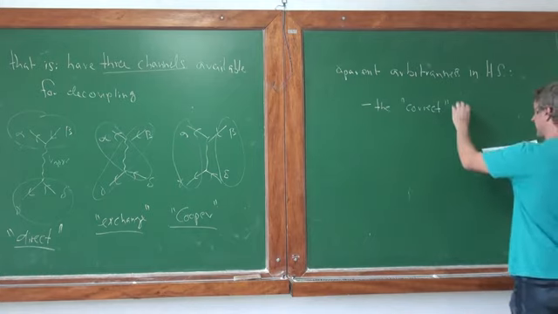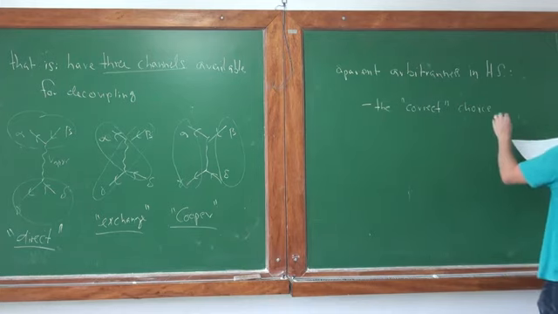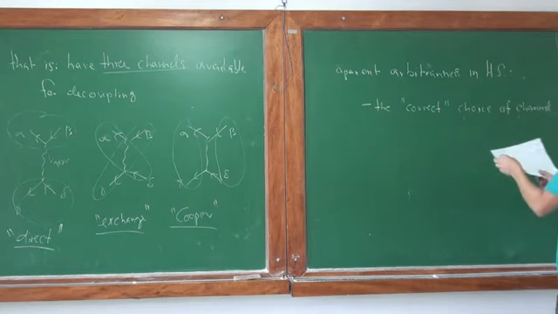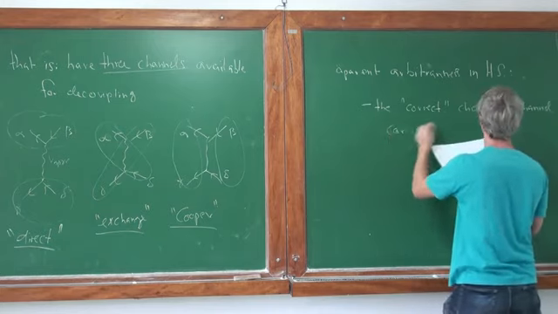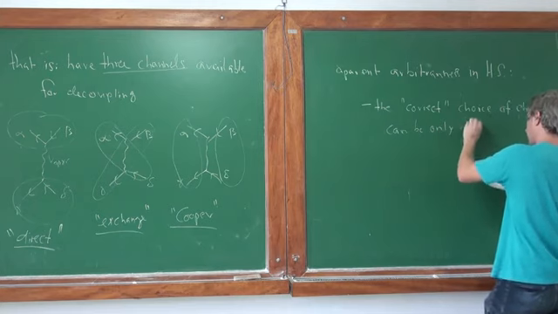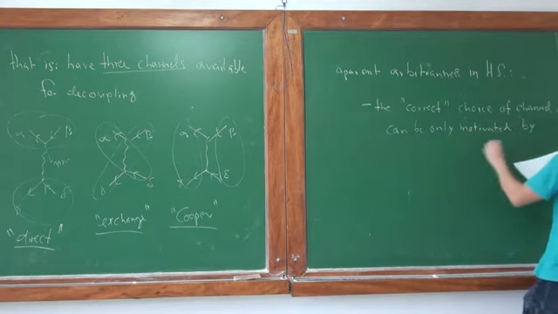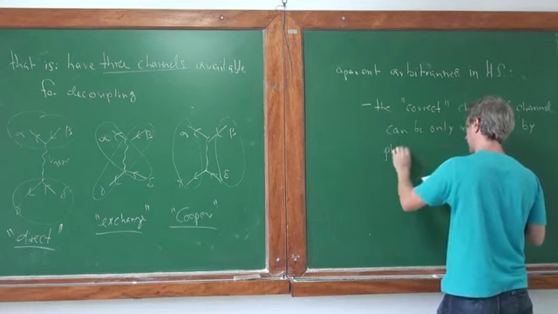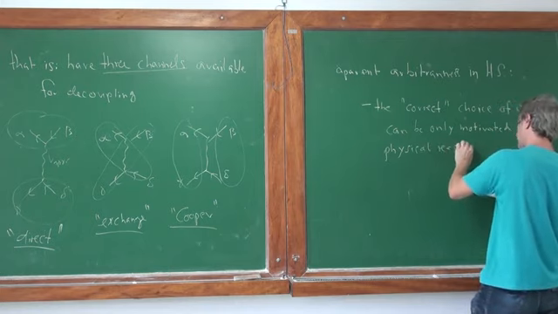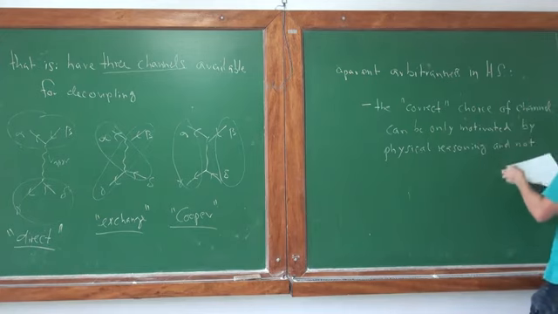However, if you think about physics, there is some correct way to do it for a given property. So there's something like a correct choice of channel in terms of physics, not in terms of mathematics. And this means that the correct choice of channel can always only be motivated by physical reasoning. Because a mathematician will look at you and say, well, it's all the same. And not by mathematics.